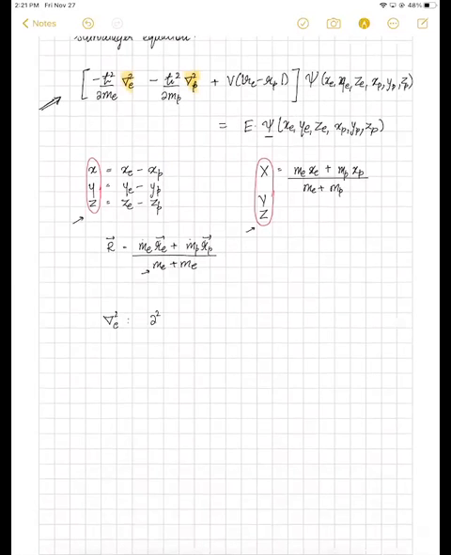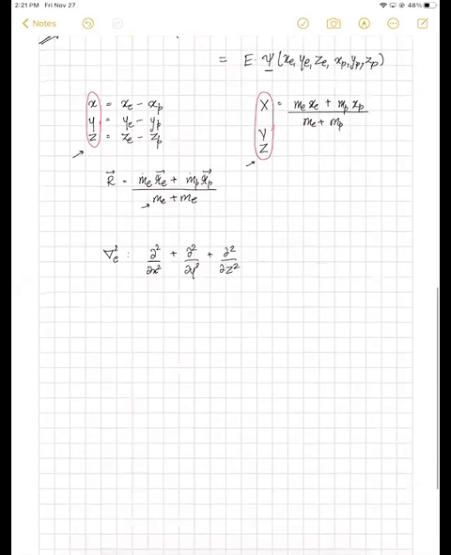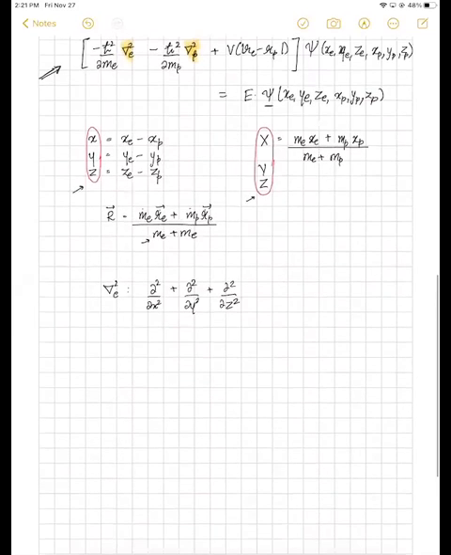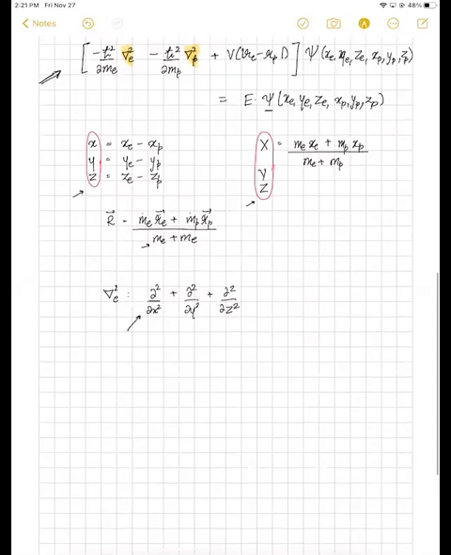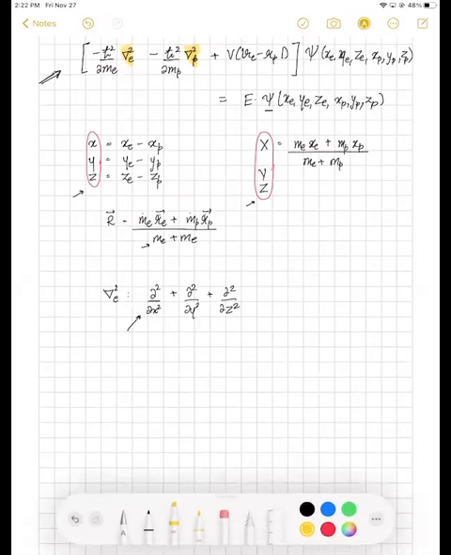And this is given by del 2 by del x2. These are nothing but partial derivatives, right? So let's just assume one dimension for now and just solve for del 2 by del x2.